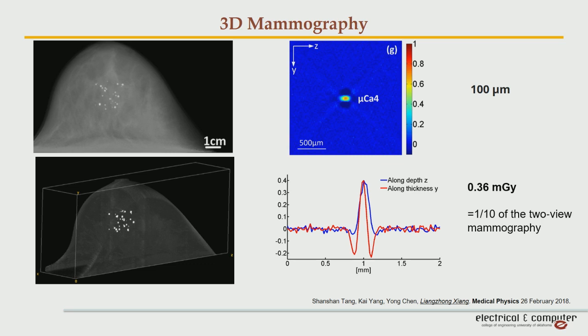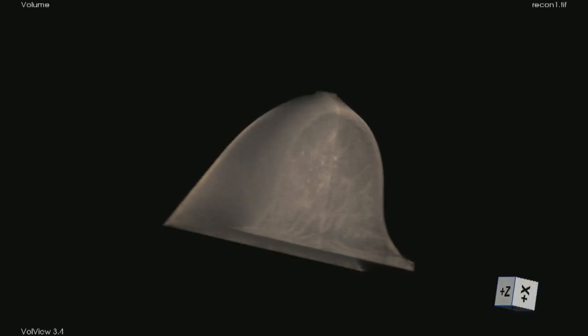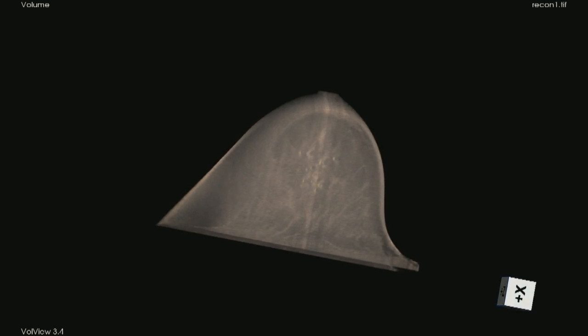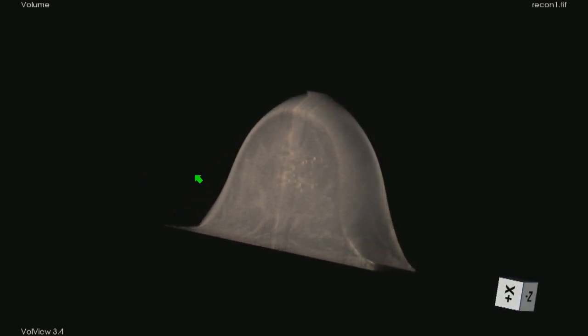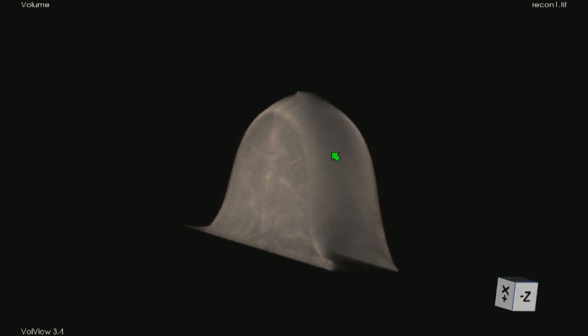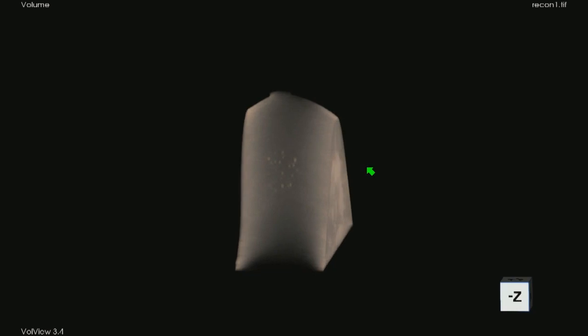in the breast? We got a dedicated breast imaging model from Dr. Kai Yang's group at MGH, and we used it for the computer simulation. We actually got a 3D volumetric image reconstruction by XACT, and you can see the 3D configuration of these microcalcifications in this video.